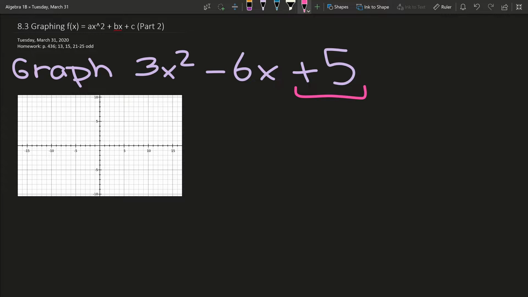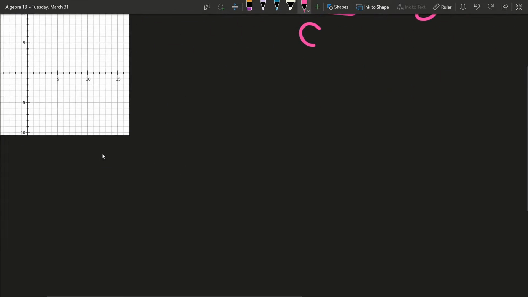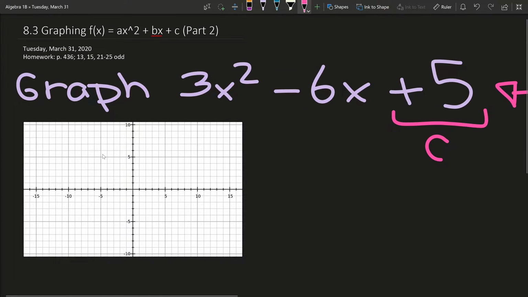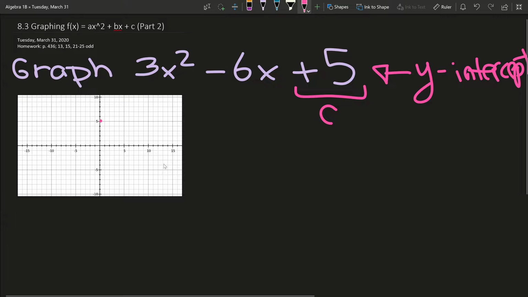Remember that this is our c, or also known as our y-intercept. So that means we can right away go ahead and label that in our graph as one of our points. Alright, somewhat close enough.